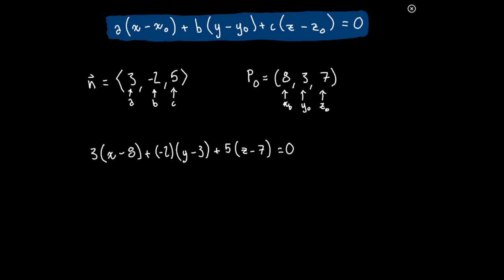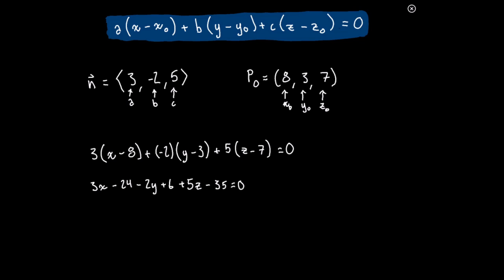Now, will we leave this equation in this form? No, of course not. We would simplify, right? So let's go ahead and do that. 3x minus 24 minus 2y plus 6 plus 5z minus 35 equals 0.